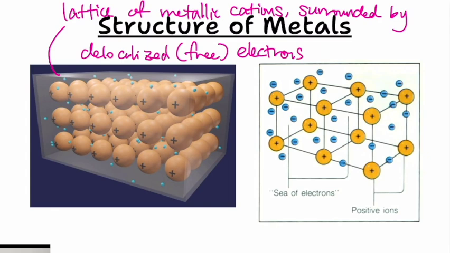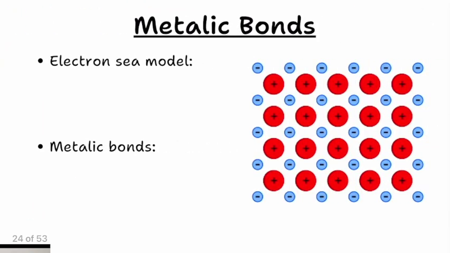Sometimes we call this the electron sea model because it is like metallic cations submerged in a sea of electrons. And electrons, just like water, are free to move between all the cations. Again, electrons are delocalized, free to move.